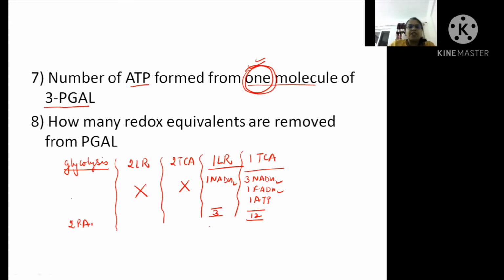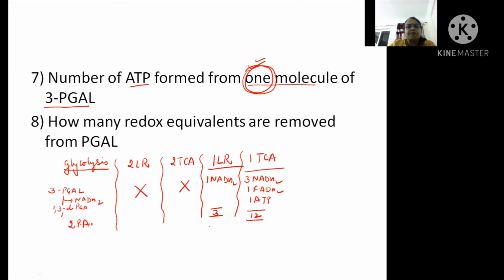Now, see here in the glycolysis, check carefully. When you are on the glycolysis, your 3-PGAL will change into 1,3-diphosphoglyceric acid by giving NADH out. Remember beta?